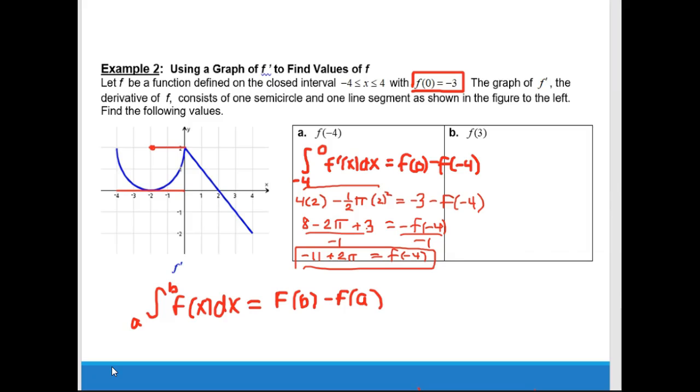Because essentially we took our initial condition and worked backwards from it to find the value of the function. Okay, let's look at f of 3.